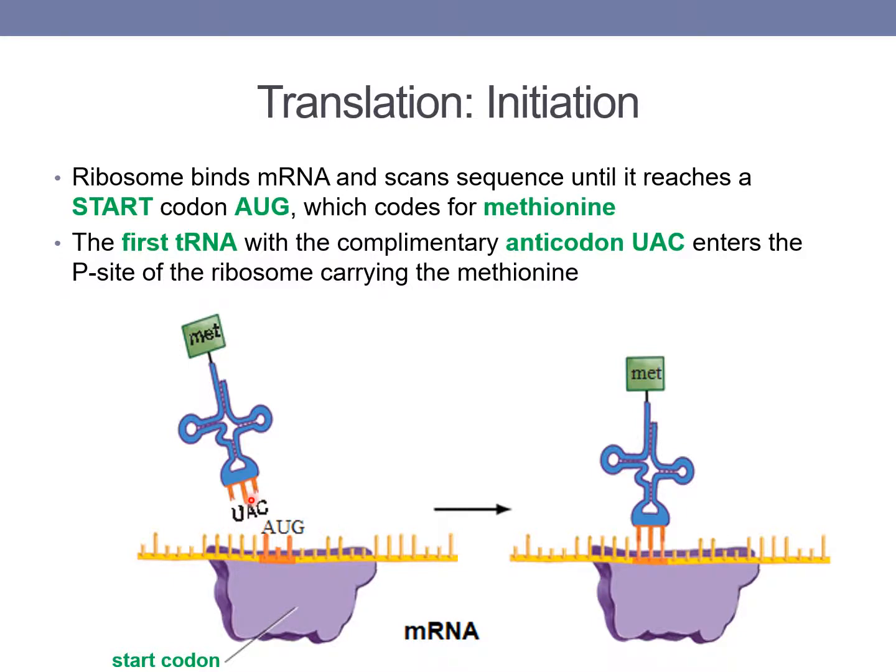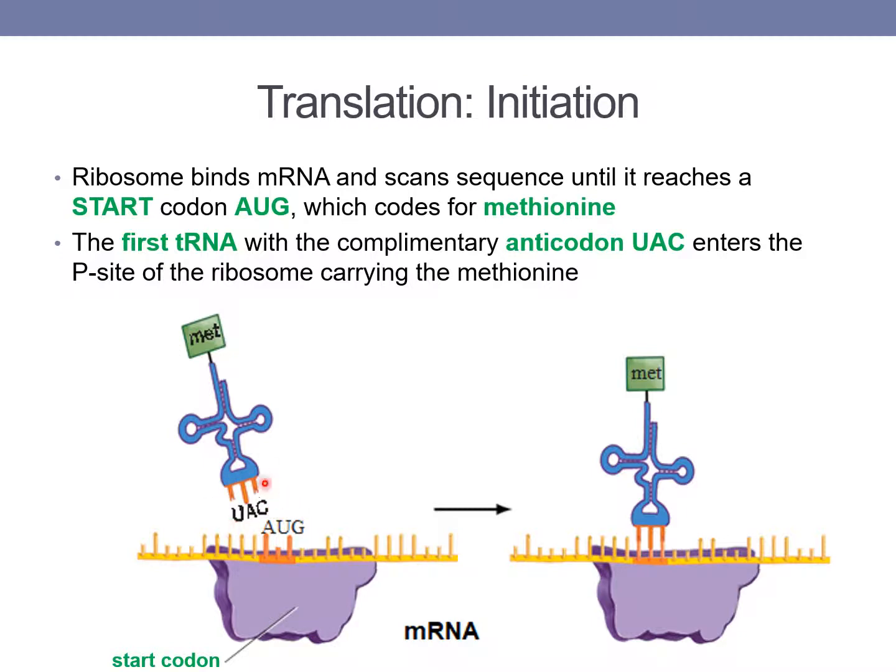And so these 3 nucleotides on the transfer RNA are going to be complementary to the codon on the messenger RNA. So you see here, the A is complementary to the U, the uracil is complementary to the adenine, and the guanine is complementary to the cytosine.